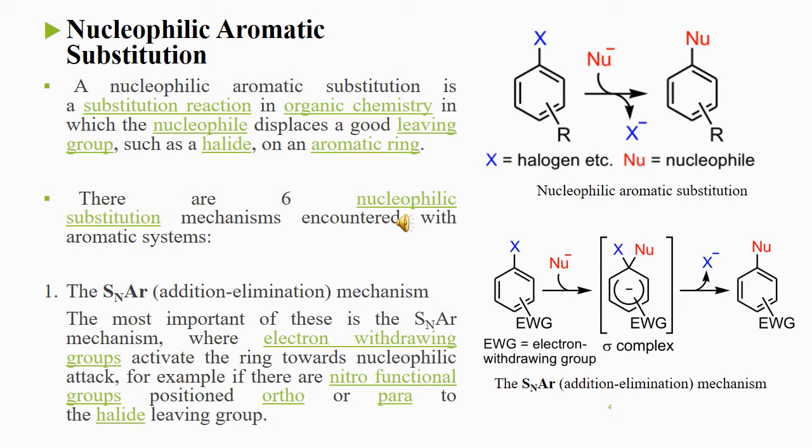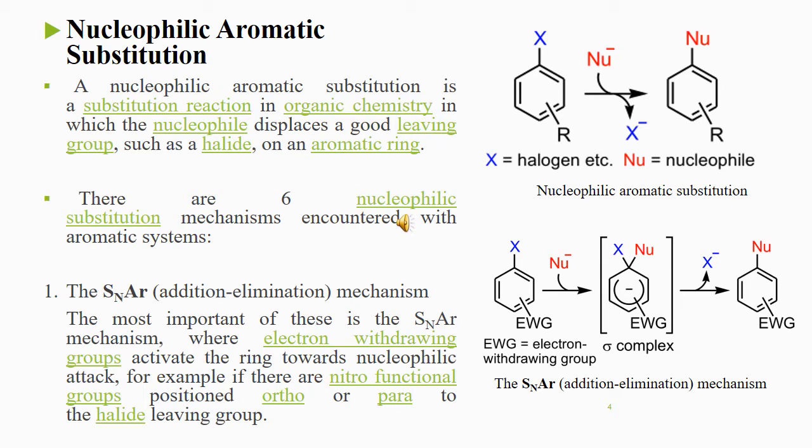Now you can see that in the reaction on the left hand side, lower one, there is an electron withdrawing group attached on the aromatic ring. If it is attached at ortho or para position, then it will be activated towards the nucleophilic substitution, and good electron withdrawing groups must be attached on the aromatic ring to undergo SNAr.